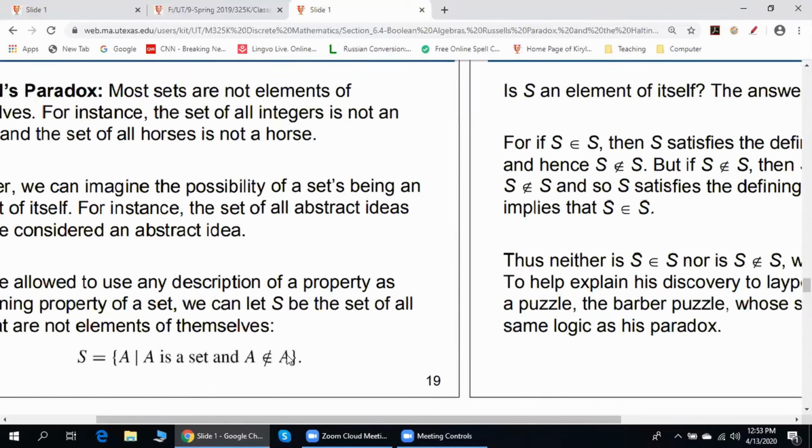Since S is from here, S is an element of itself, which is exactly what is written here. We got a contradiction. S is not an element of itself, and S is an element of itself. In both cases, we got a contradiction. Does this answer your question?